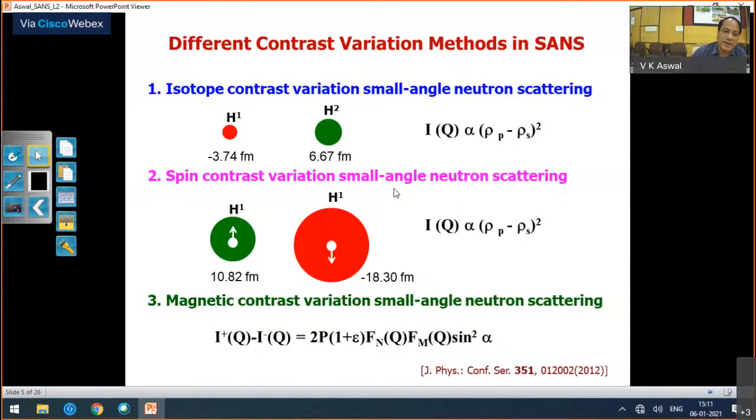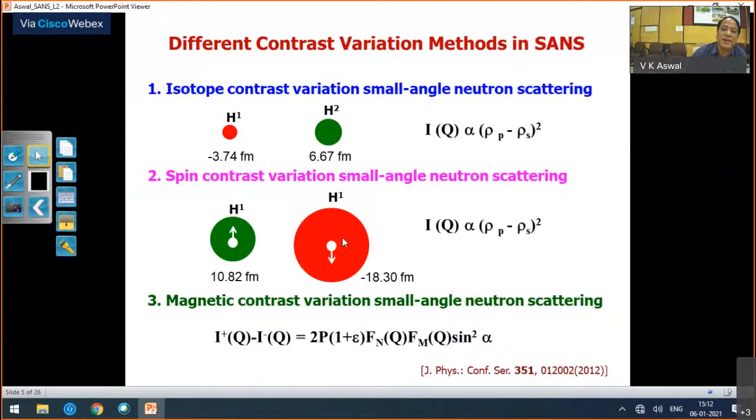Another contrast variation technique which is useful is because neutrons are fermions, so it's a spin half particle. It has two states, up and down. And the scattering lengths for these two spins are very, very different.